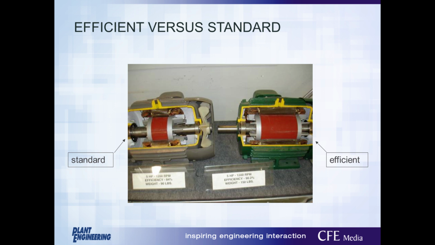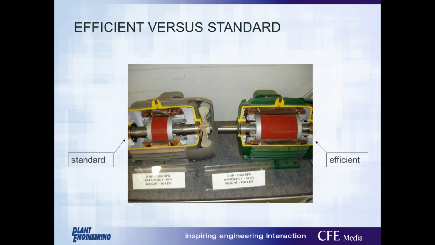Next, we have a display of a standard induction motor compared to a generally higher efficiency motor. These cutouts are on display at our lab in Raleigh, if anyone on the line ever comes by for a tour. This slide is more representative actually of older induction motor design versus newer, since all covered induction motor products sold in the U.S. today are required to be NEMA premium efficient.